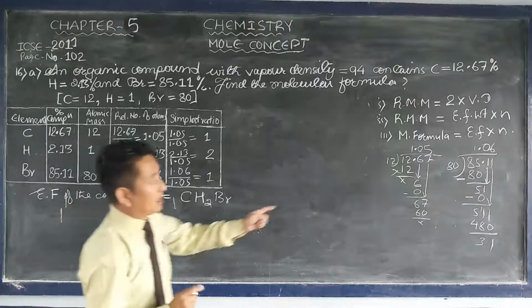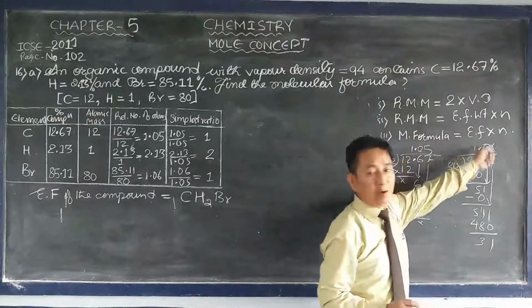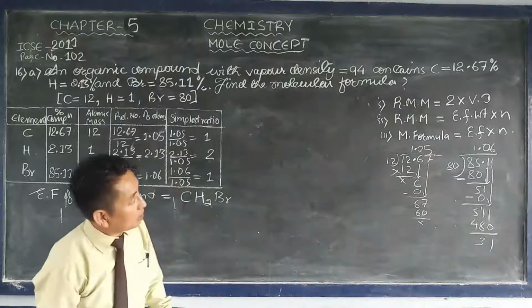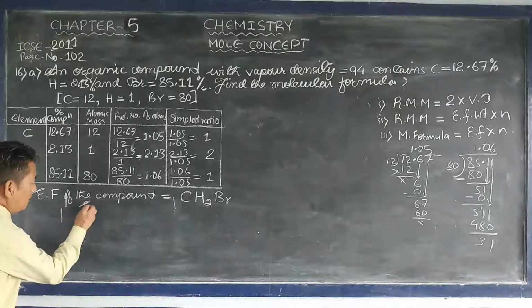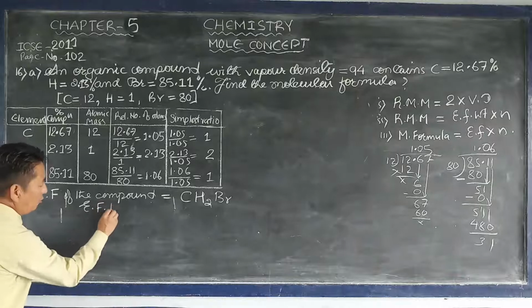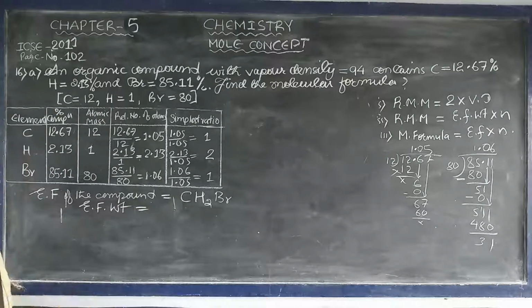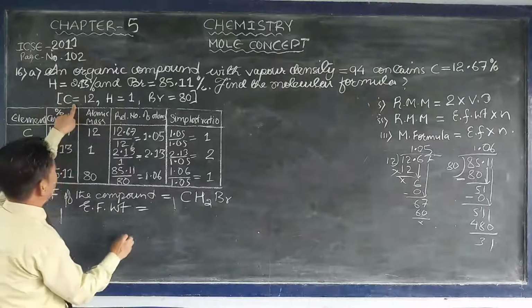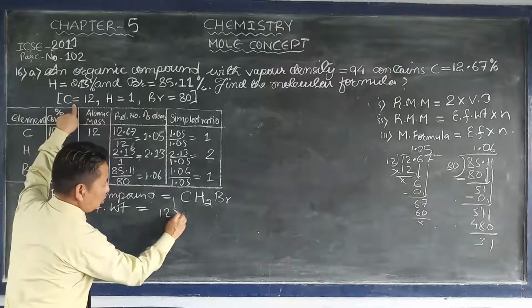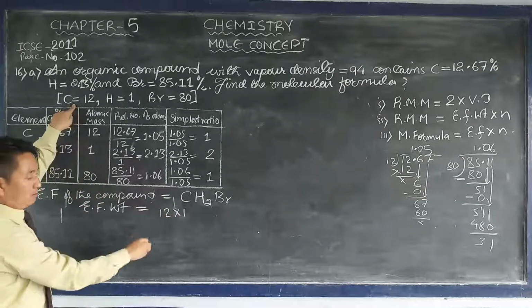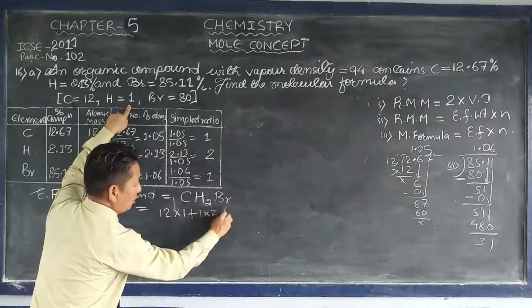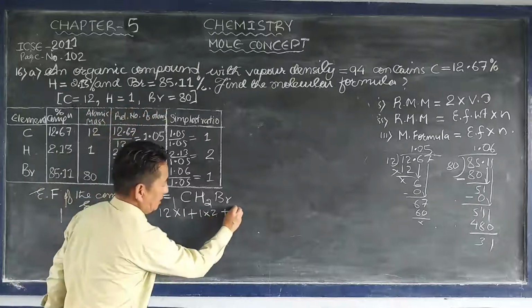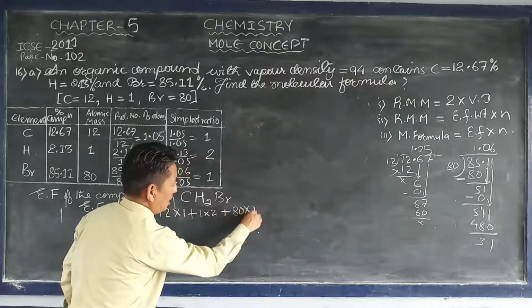Next step we will find out the empirical formula weight. How to find out the empirical formula weight? Empirical formula weight is equals to, here atomic weight of carbon is 12, 12 into 1 atom, plus hydrogen 1 into 2, plus bromine 80 into 1 atom.